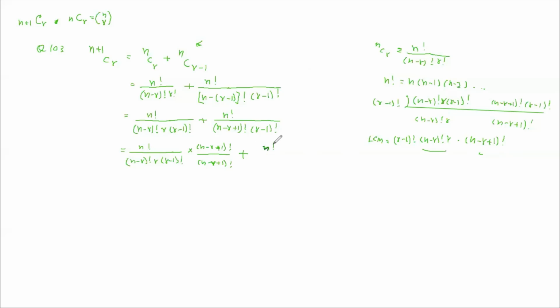So it becomes n factorial over n minus r plus 1 factorial, okay, times r minus 1 factorial, and then times this one, n minus r factorial times r.